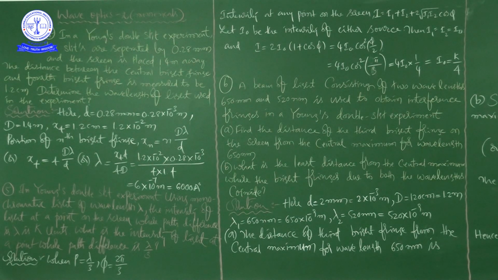For example, white light is not monochromatic, it is polychromatic because it consists of 7 colors from violet to red, VIBGYOR: violet, indigo, blue, green, yellow, orange, red.